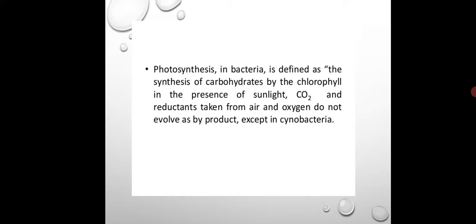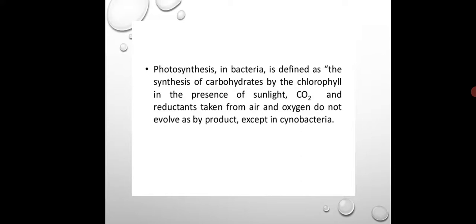It is the synthesis of carbohydrates, or sugar, by using chlorophyll pigment in the presence of sunlight and gases like carbon dioxide obtained from the air. But in bacteria, oxygen is not produced as a byproduct.